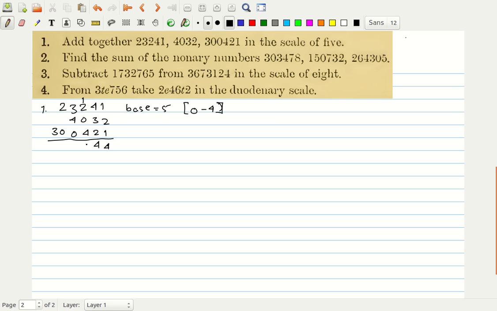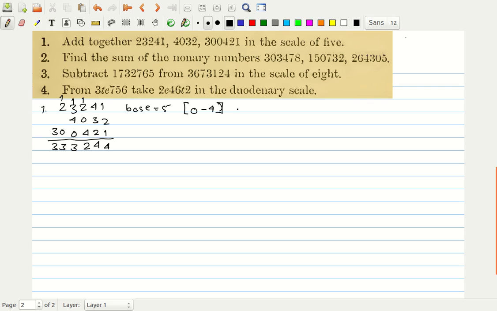You get remainder 2 and quotient 1. Now you have 3 plus 1 is 4, 4 plus 4 is 8. If you divide 8 by 5, you have 3 as the remainder. Quotient is still 1. 2 plus 1 is 3 and 3. So this is what your addition will be in the base of 5.